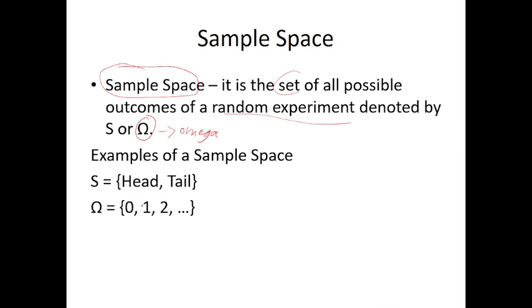Pag sinabi nating non-negative integers, ito ay 0 at lahat ng positive integers. Pag sinabi nating integers, hindi sila decimal number. Alam niyo naman yan, right? So, in that case, this is an example of another sample space.